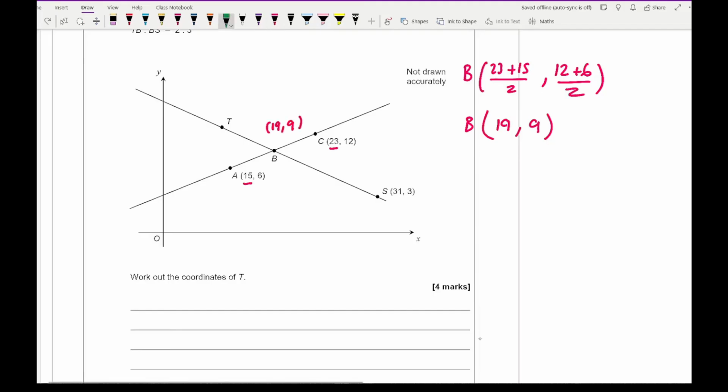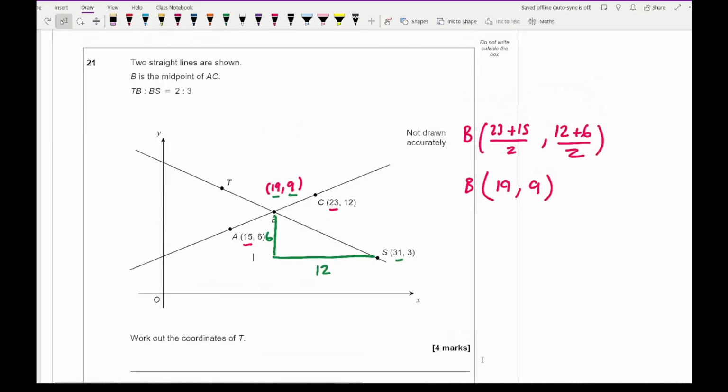Now if I turn that into a triangle, and I look at the difference, the base, the difference between 19 and 31 is 12, and the difference in the heights of 9 to 3 is 6. Now if I just draw a triangle from T to B, this green triangle is 3 times the size of, or let's say if that's 3, then this orange triangle is going to be 2.